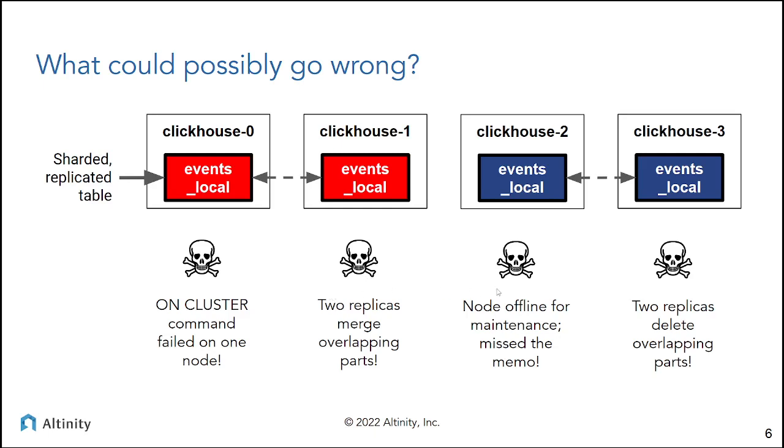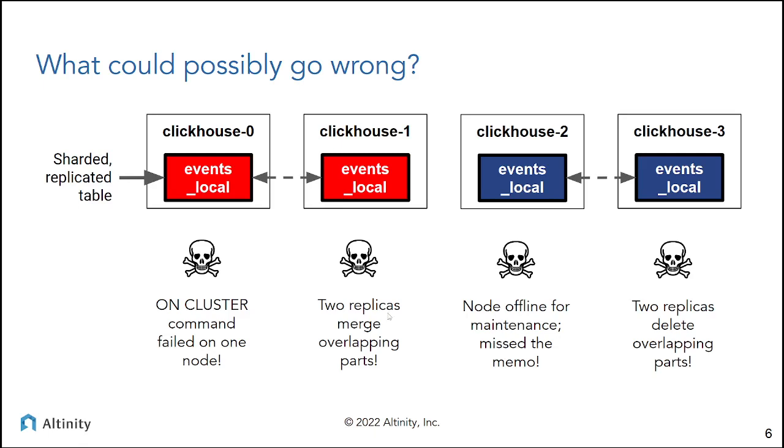Another thing is a node could be offline for maintenance. So we're creating the table or we're adding data, and one of the nodes is being maintained. Perhaps it's going through a version upgrade. It doesn't get the memo that something happened. And then there are other cases where replicas may make decisions to do things that conflict. An example is a couple of replicas.